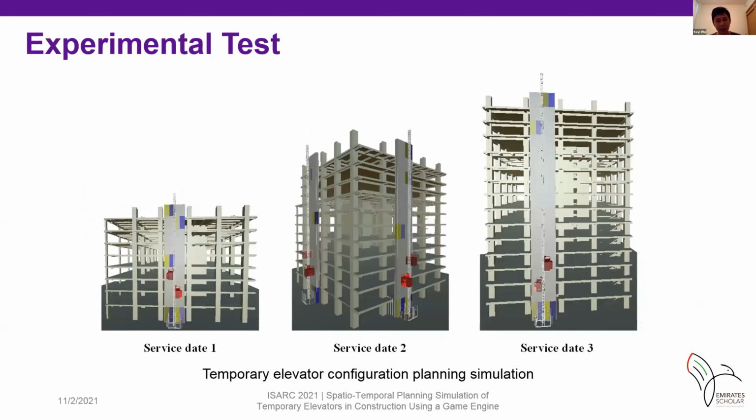In the experiment, there were 2 cases to conduct. In the configuration simulation, we can see that on different service dates, temporary elevator cabs and the corresponding loading and unloading floors, and their workload and demand levels were highlighted with specific hues and values.